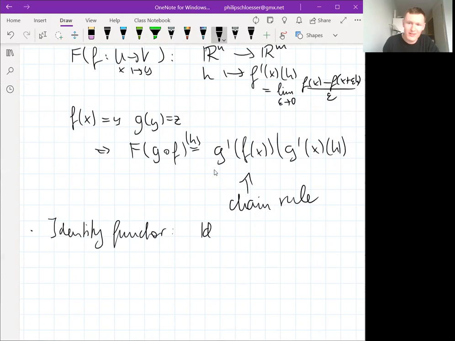We define capital ID of an object X to be that same object X. No, the Leibniz rule has to do with multiplication, and multiplication isn't really a categorical notion yet.